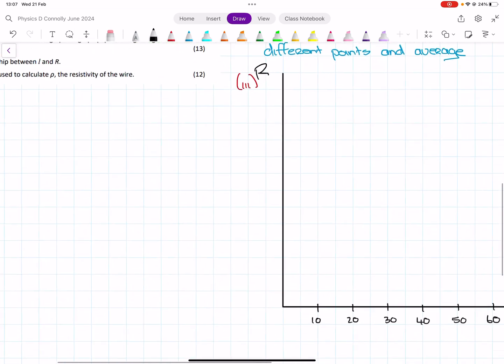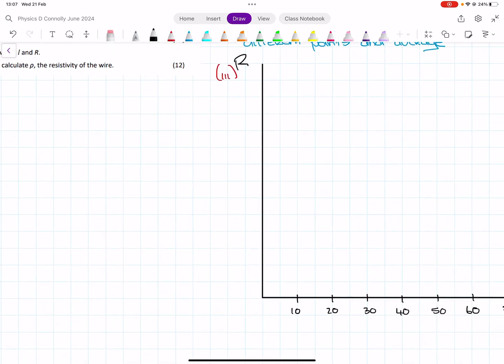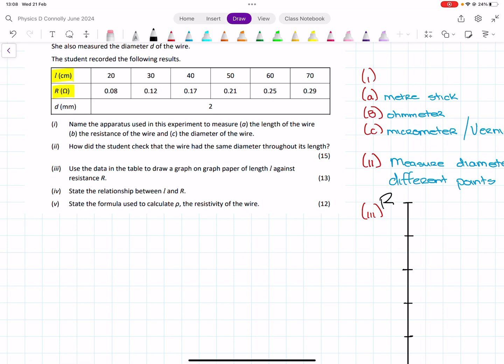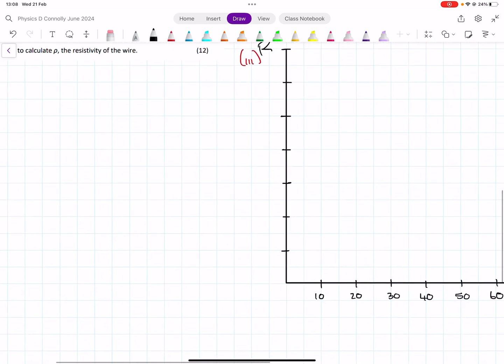We need to get to 29, so go in fours: 4, 8, 12, 16, 20, 24, 28. Yeah, it's close enough.